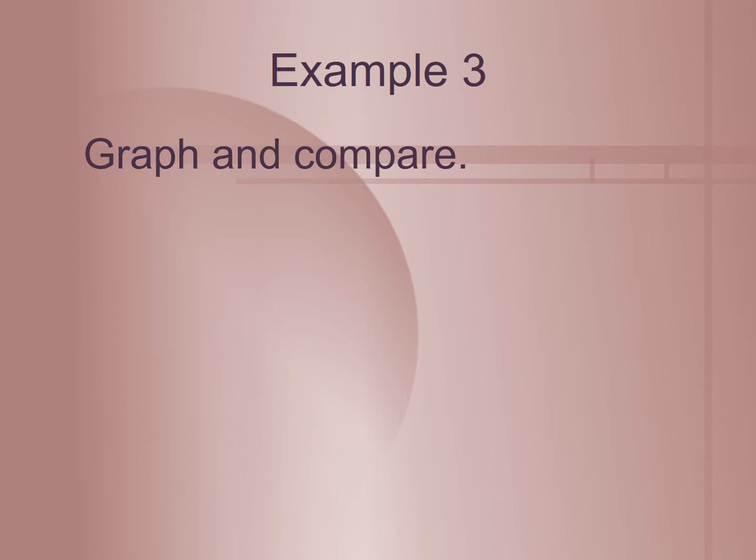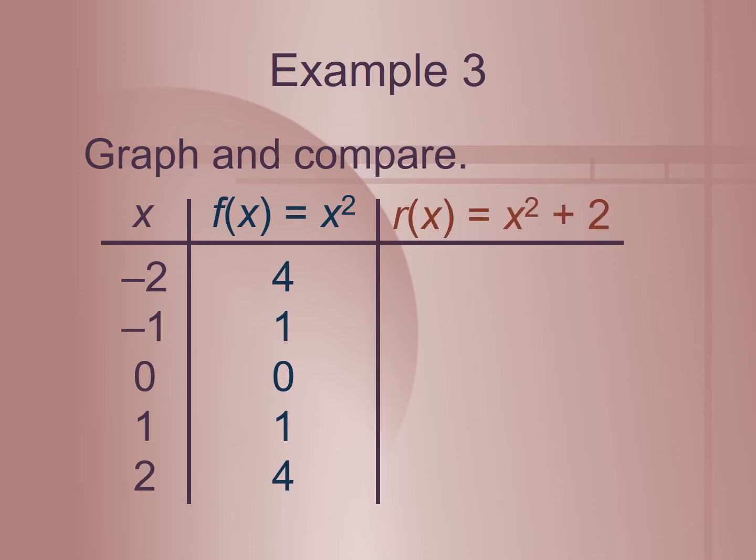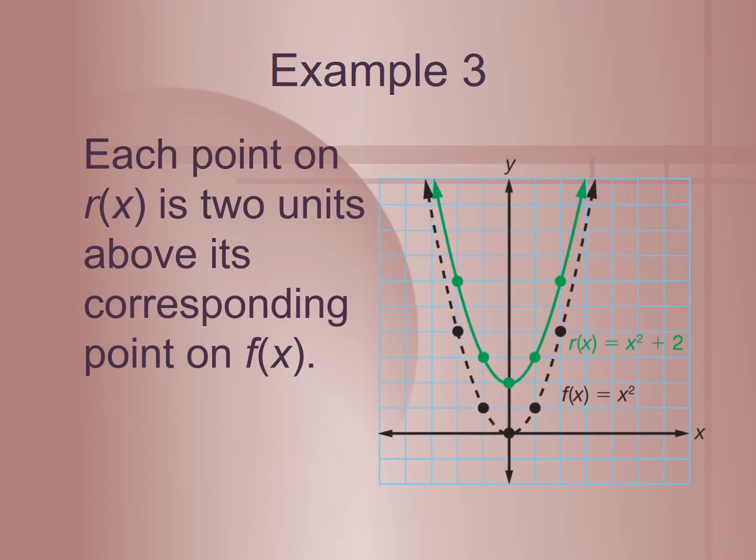Alright, so we'll graph some more and compare. So we have our x squared, and we have x squared plus 2. So we'll get our values on our table. Okay, and so when we compare those two graphs, we have our parent function, the f of x equals x squared in black, and then we have x squared plus 2 in green.